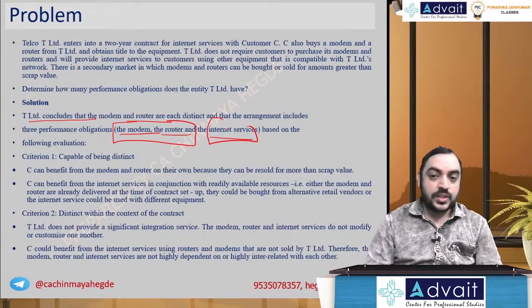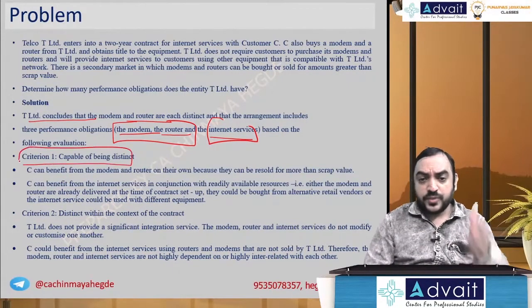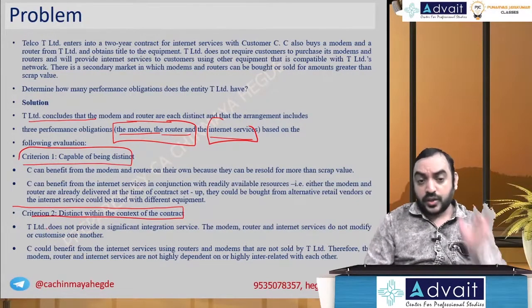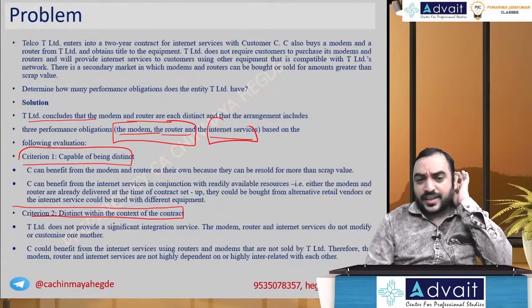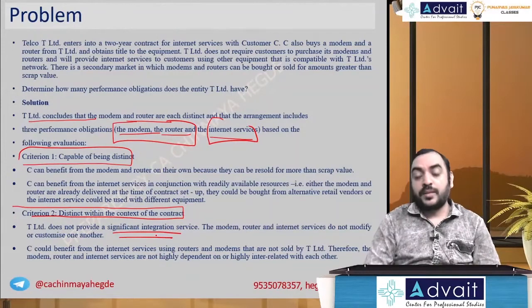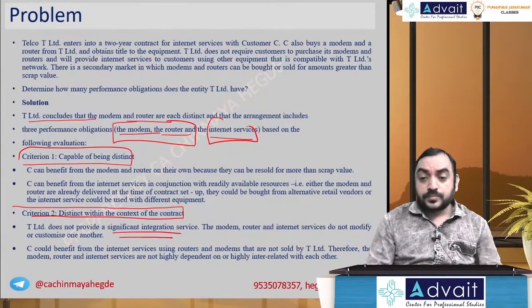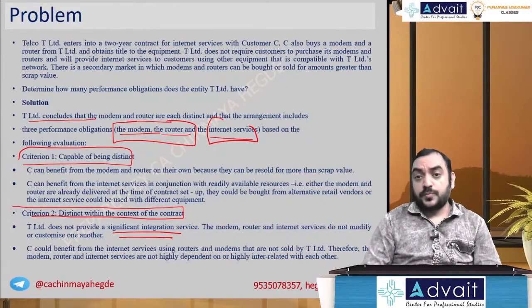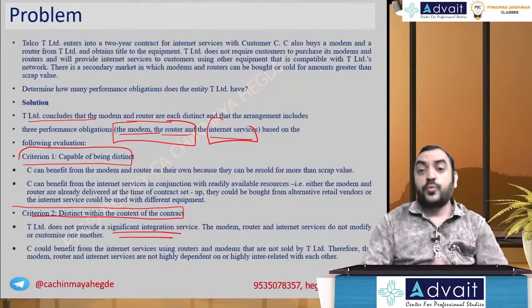Based on the following criteria, capable of being distinct, you can read through it, what I told you, and distinct within the context of the contract, because again T Limited does not provide a significant integration service. That's also a point to be kept in mind. That is, if the company says you have to use our modem only, that means they have to be used together.